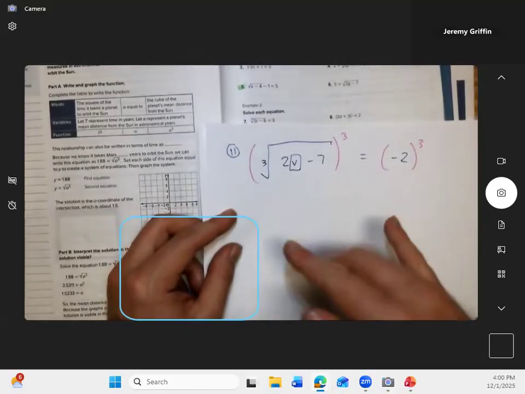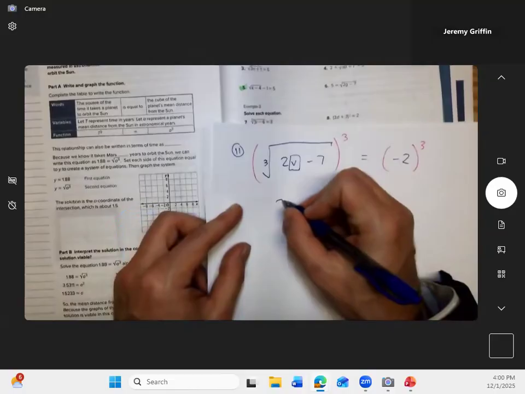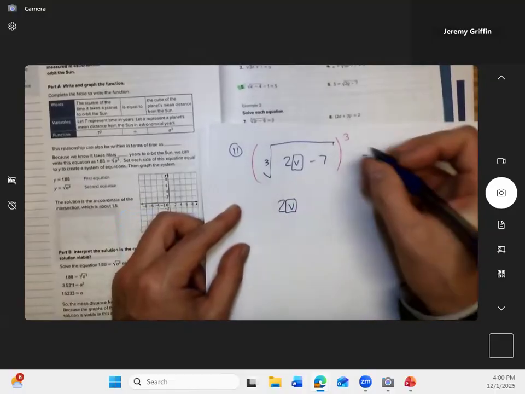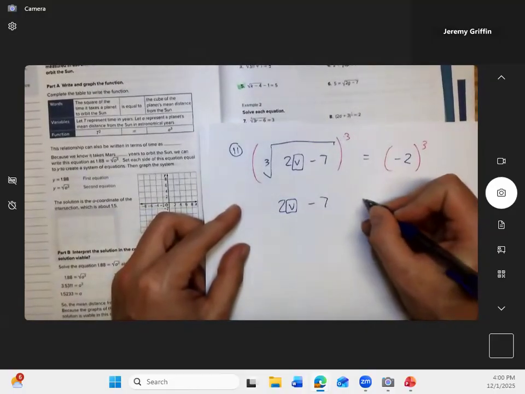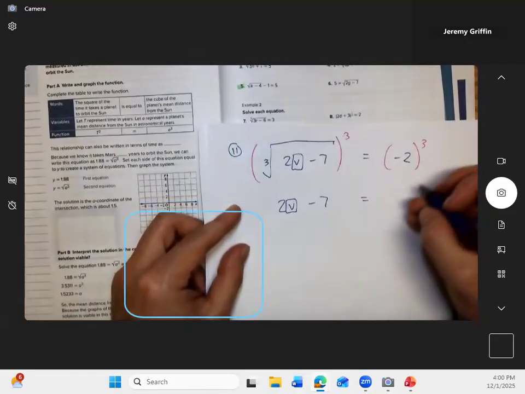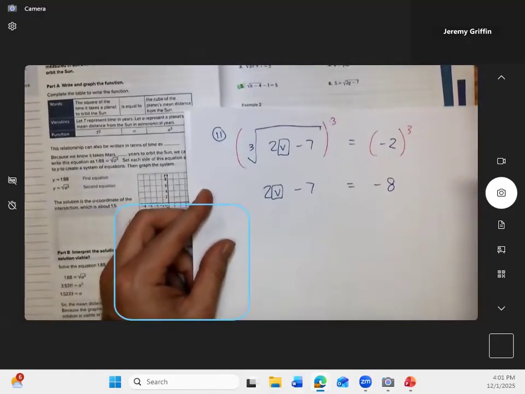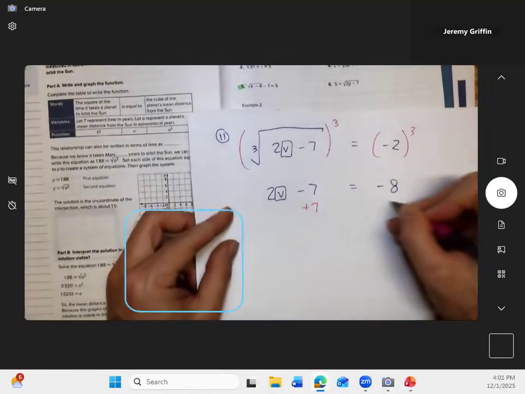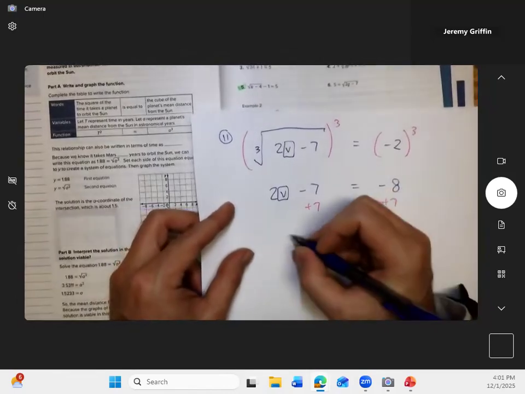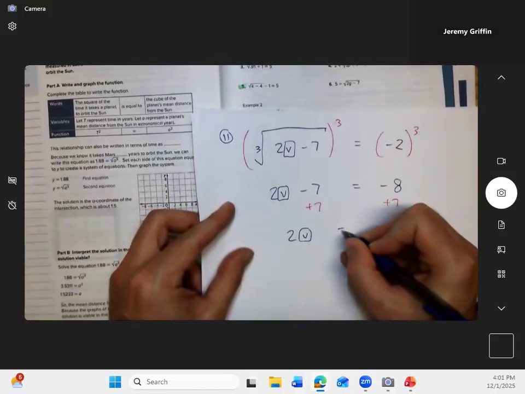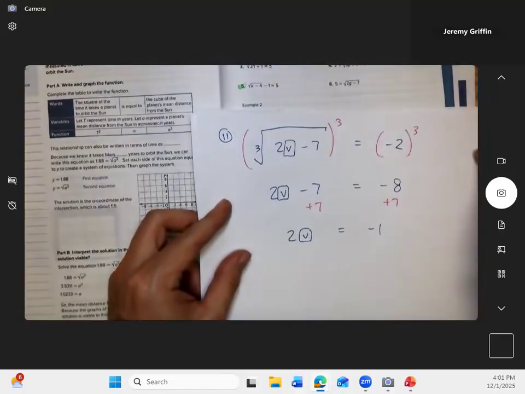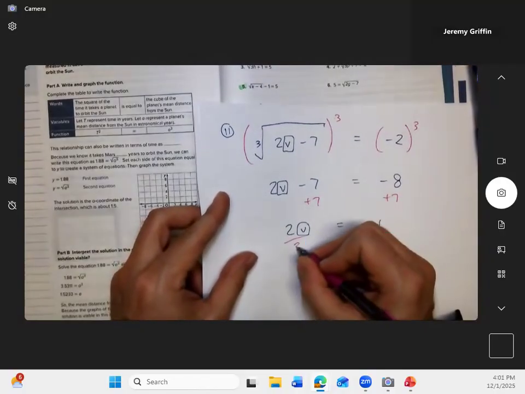But with cube roots, usually you don't have to worry about that so much. So any odd power is usually safer. 2v minus 7 equals, now -2 cubed is -8, so negative 8. Next step, plus 7, plus 7, 2v equals -1, and divide both sides by 2.